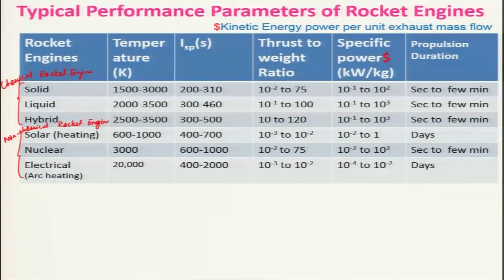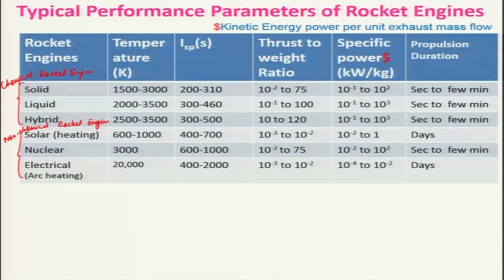Whereas the solar, if you look at this, operates at a little lower temperature and the ISP is a bit higher, but the thrust to weight ratio is very low as compared to solid propellant, and so also the specific power, because the engine is a little heavier. Of course, one can propel it for a longer period, altogether it can move for days together.